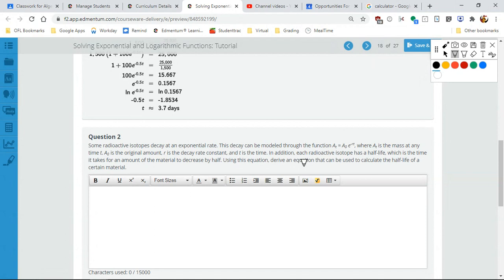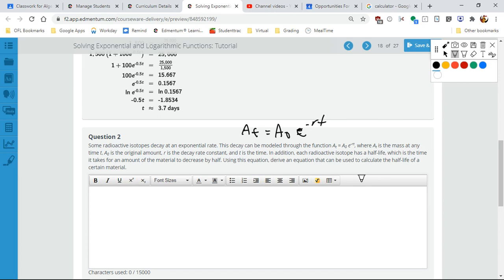Using this equation, derive the equation that can calculate the half-life of a certain material. Okay, so all we're literally going to do here is plug this in. And since it's a half-life, we're going to have to make this as if it got cut in half.